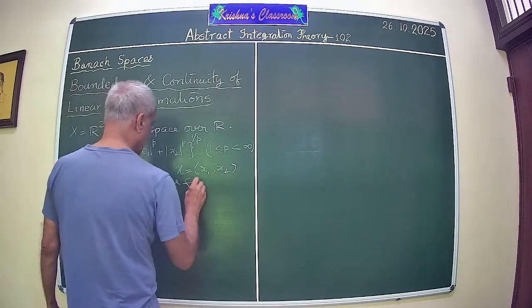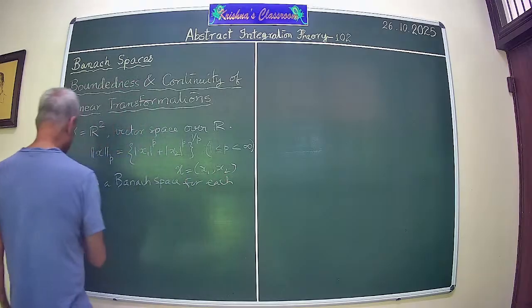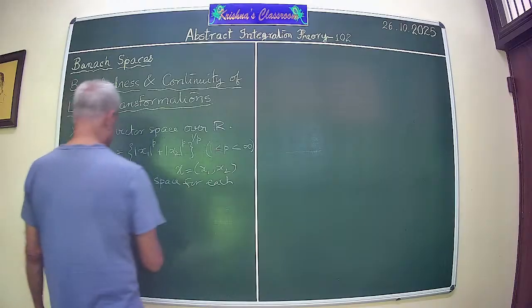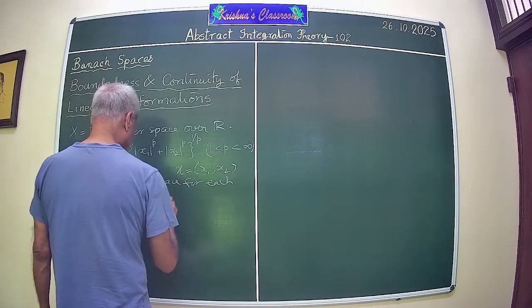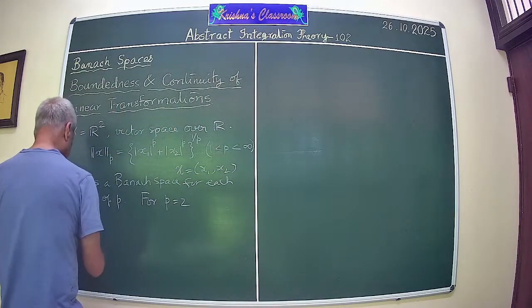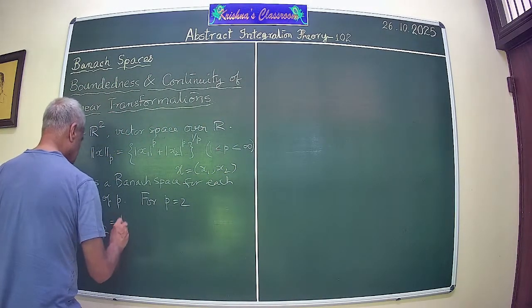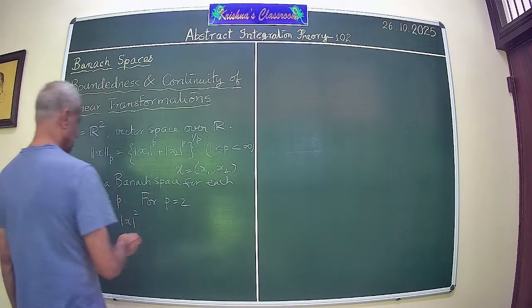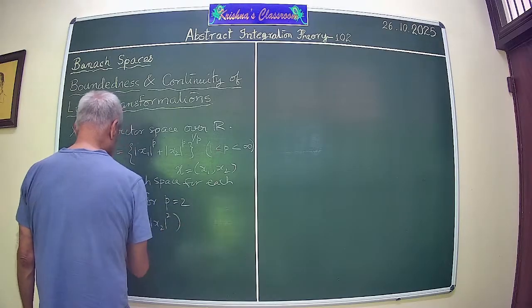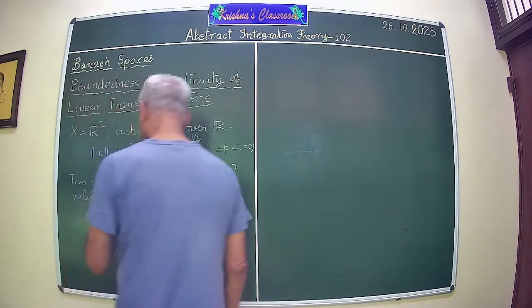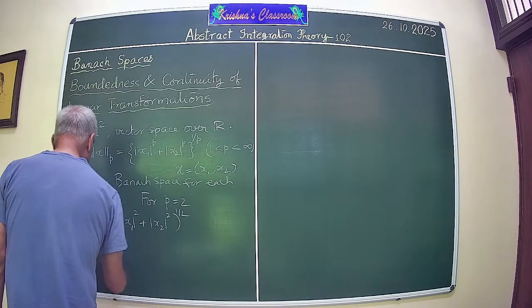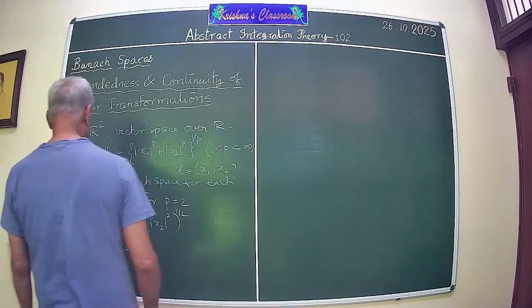For each value of p. In fact, for p equal to 2, we have the Euclidean norm, and this is derived from the following inner product.